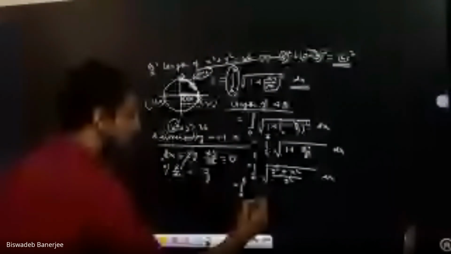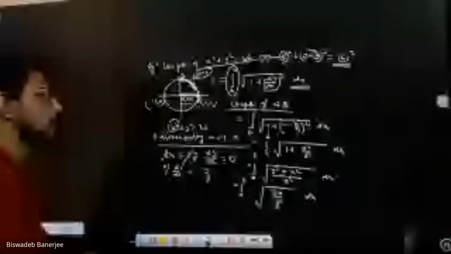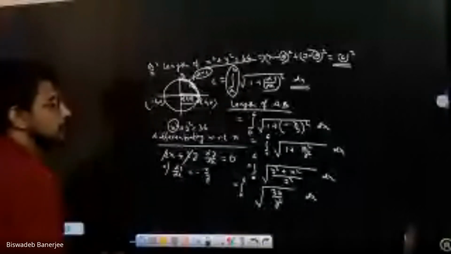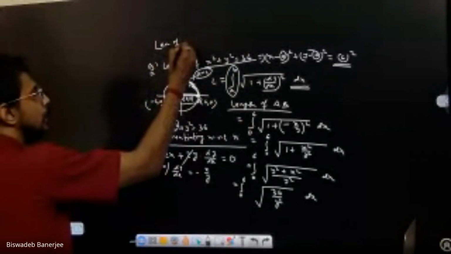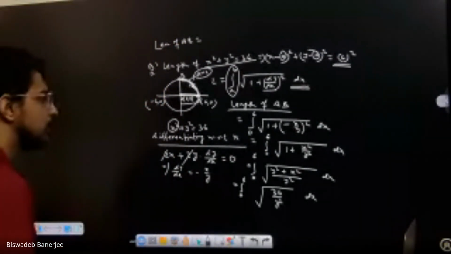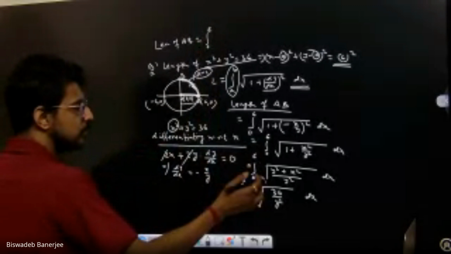See that x square plus y square is 36. So the length of the arc AB is equal to integration 0 to 6 root over 36, which means 6.